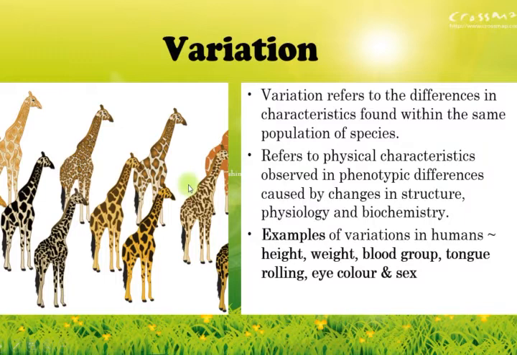Okay, so let's go to the meaning of variation. What is the meaning of variation? In biology, variation refers to the differences in characteristics found within the same population of species. So I repeat, variation refers to the differences in characteristics found within the same population of species.